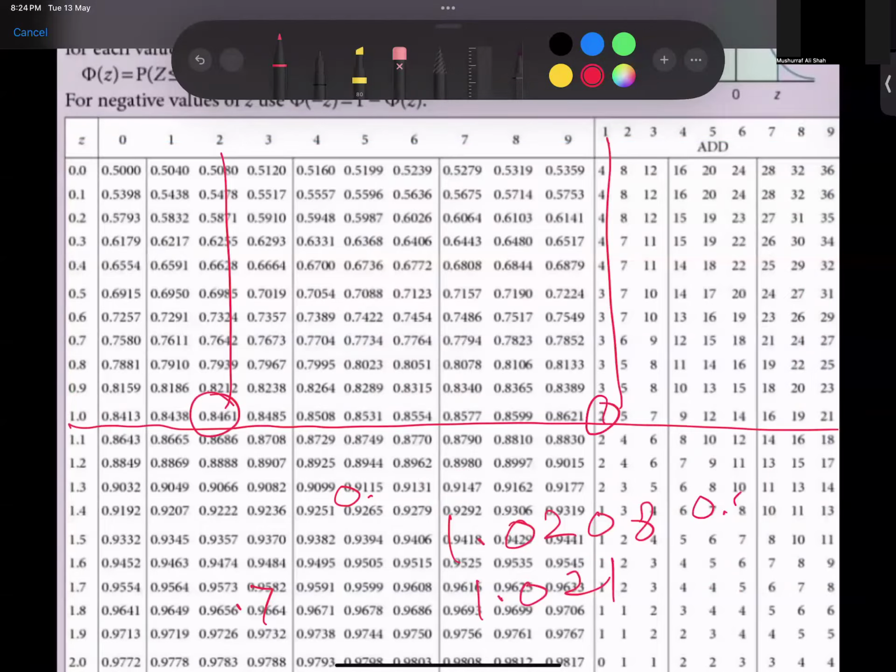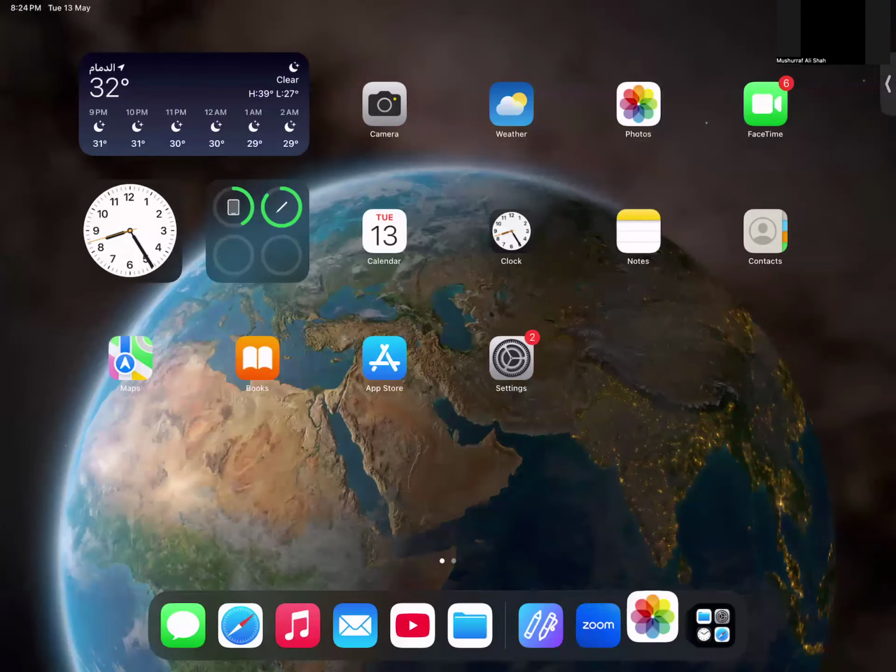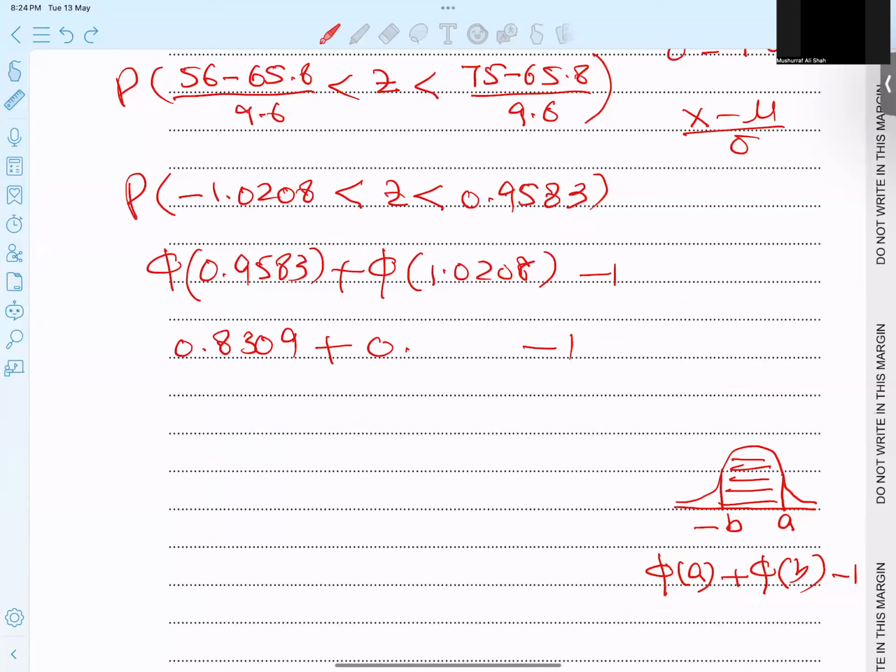So 0.8461 to add 0.8463. So I'm writing now here 0.8463. So now I'm typing in calculator. If you add them and minus 1, finally I'm getting 0.677 after giving in 3SF. I hope the concept is very, very clear.